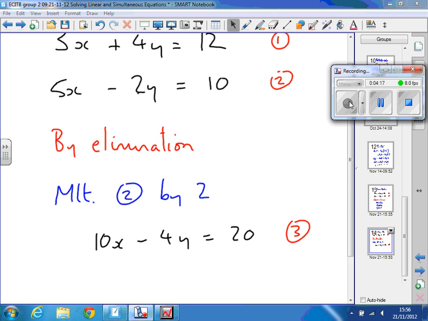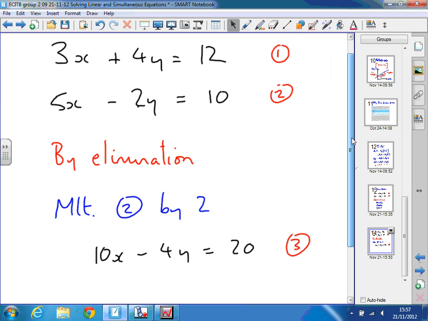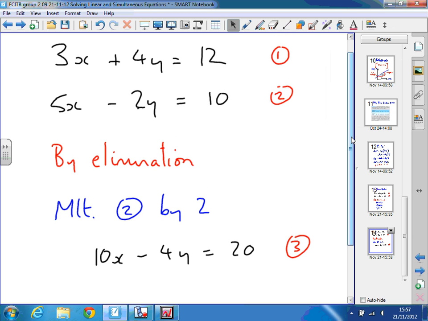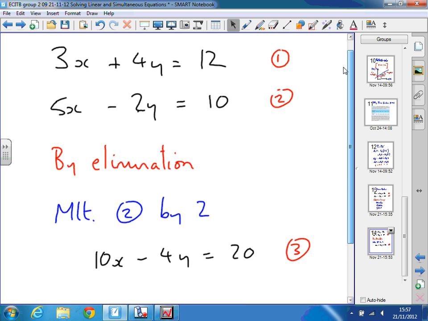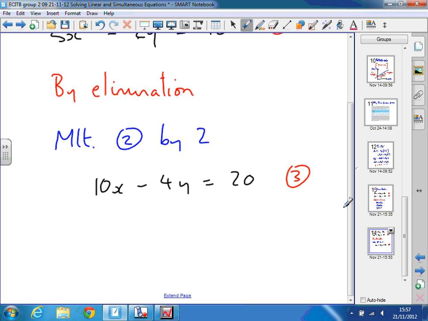We look at the situation and we can see where the elimination comes in. If I now rewrite equation number 1 underneath, which is 3x plus 4y equals 12, that's equation number 1, then we can see that because the y's are the same, in theory, we can eliminate them, hence the term elimination.